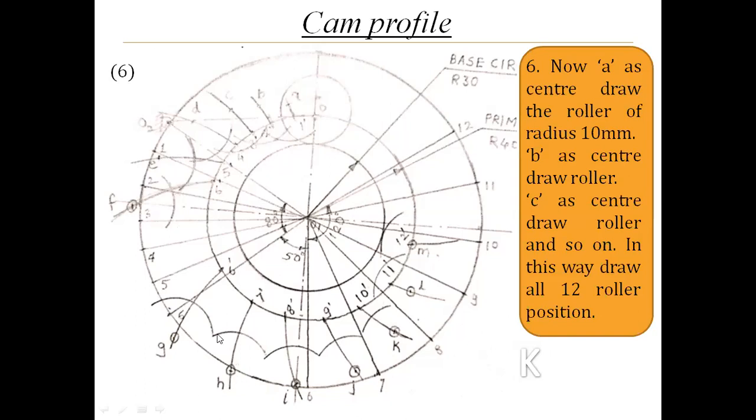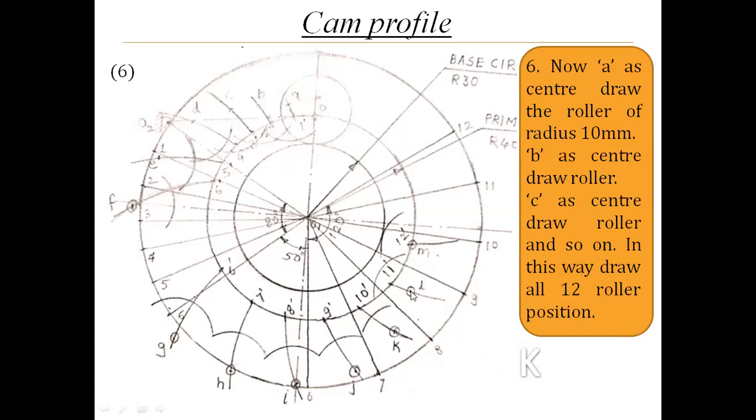Then H as a center, draw the next roller position. I as a center of a roller, draw the next position of the roller, which is 10 mm. Then J as a center, 10 mm distance in the compass, draw the circle here. Then K as a center, 10 mm distance in the compass, draw the roller position.